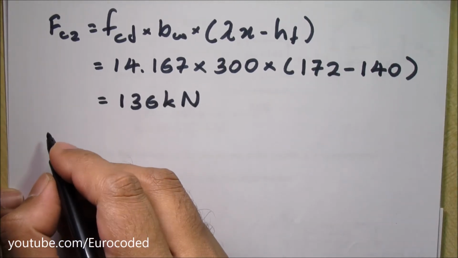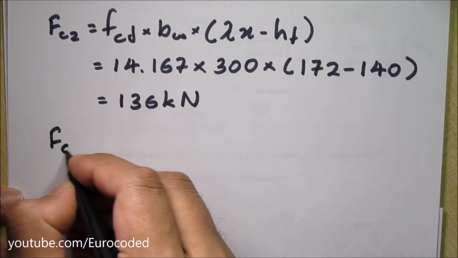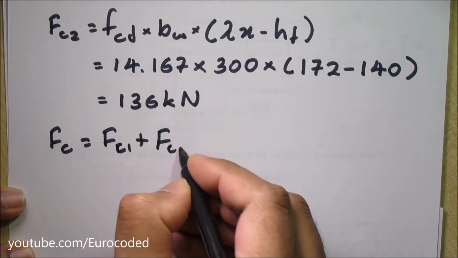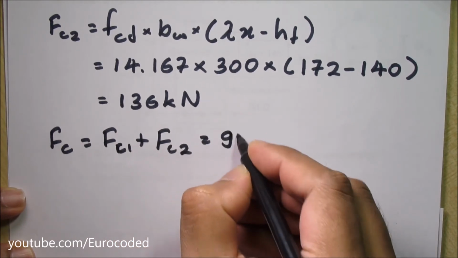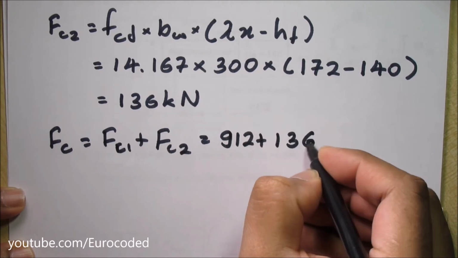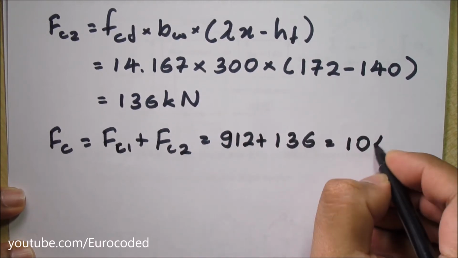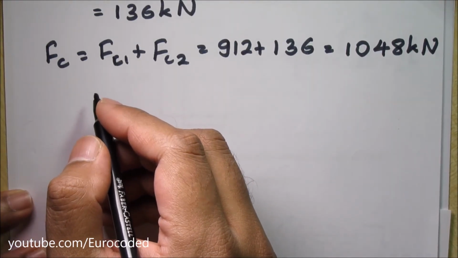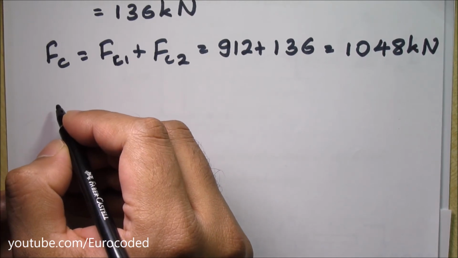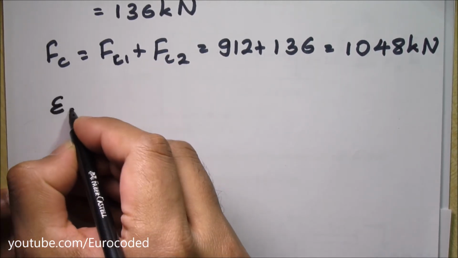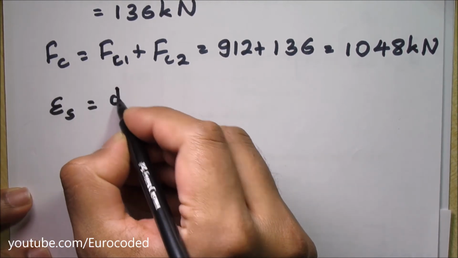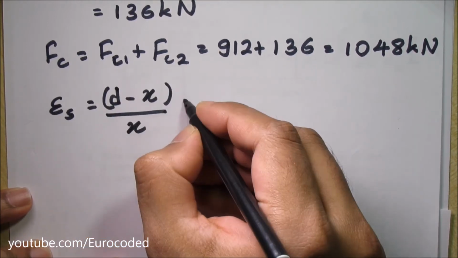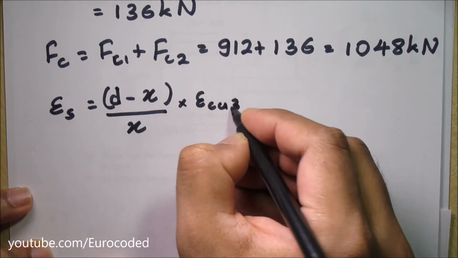Now we can add Fc1 and Fc2 to calculate Fc. Fc is equal to Fc1 plus Fc2, which is equal to 912 plus 136. This is equal to 1048 kilonewton. Now let's check whether the reinforcement is yielding. Let's check the strain in the reinforcement, which is epsilon s, and that is equal to (effective depth d minus x) over x times epsilon cu3.